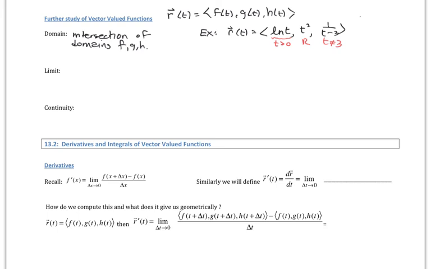So putting all that together, we would go from 0 to 3, not include 3, and then from 3 to infinity. Okay, so domain is just the intersection of the domains.